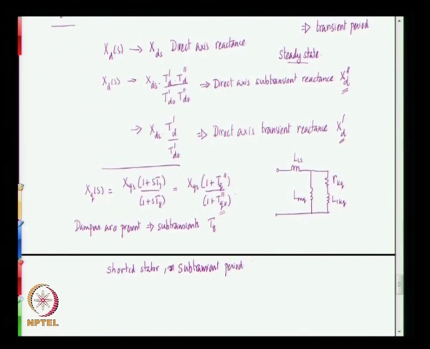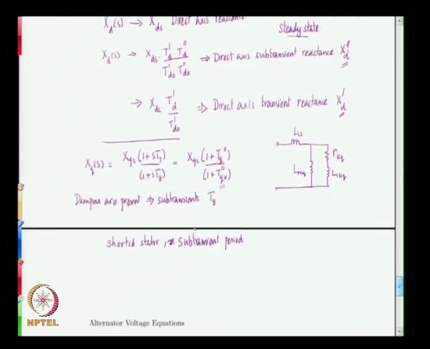And therefore, the expression T7 is designated as T double dash Q under the situation of short circuit, and T8 under open circuit.